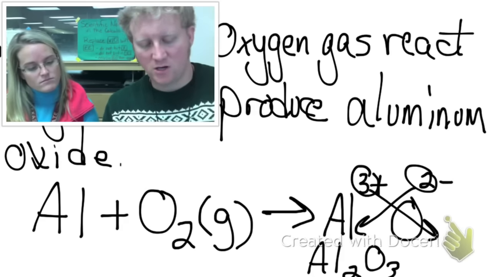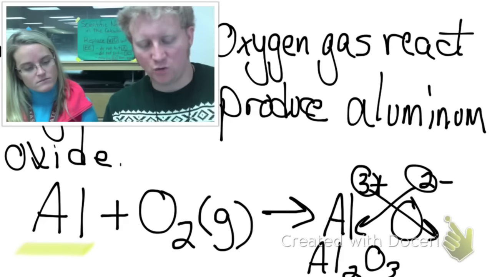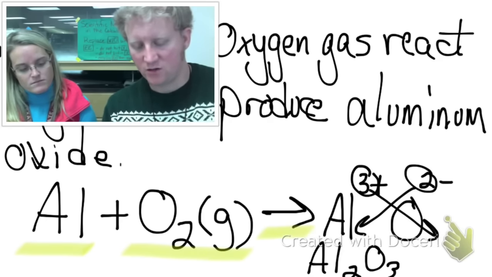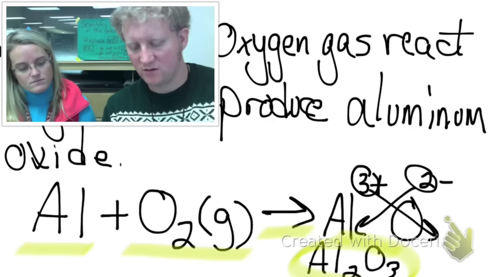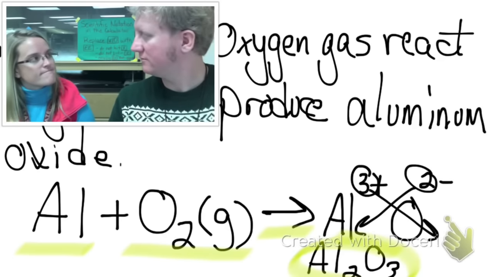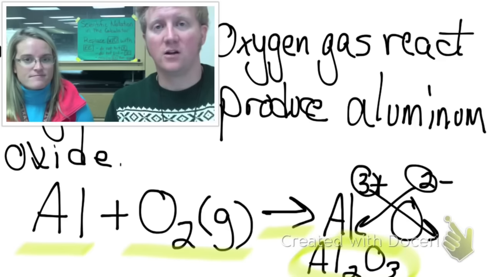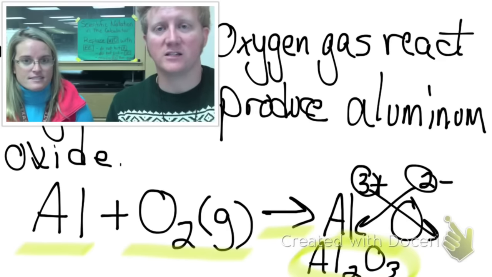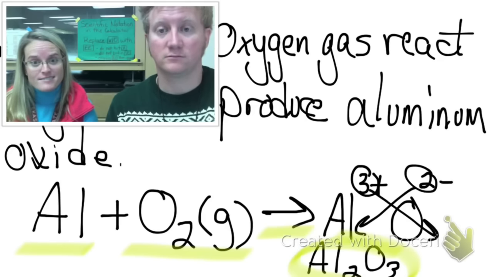So aluminum and oxygen gas react together to produce Al2O3. Easy enough. All right. Rock on. Go on to the independent practice. And if you have questions, please ask.